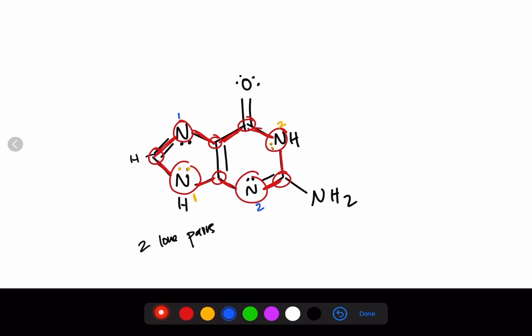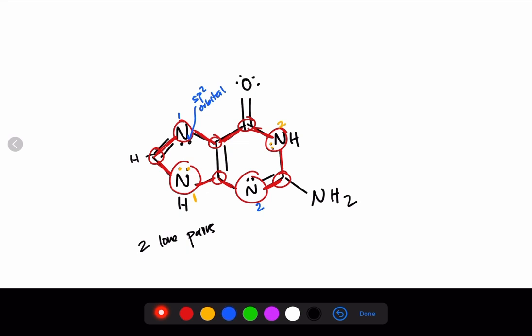The lone pair on those nitrogens, respectively, are in one of the sp2 orbitals on that nitrogen. Thus, we don't have to worry about any of the other lone pairs, only the ones on those two nitrogens where the lone pairs are yellow. So we just have to count the rest of the pi bonds now.